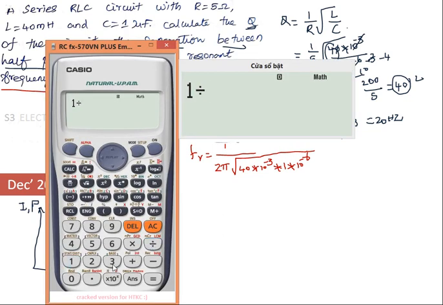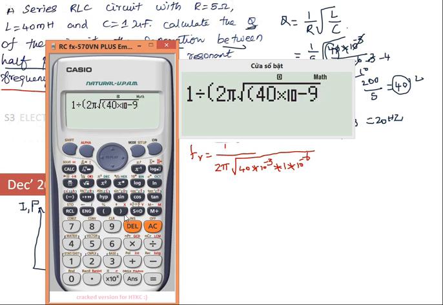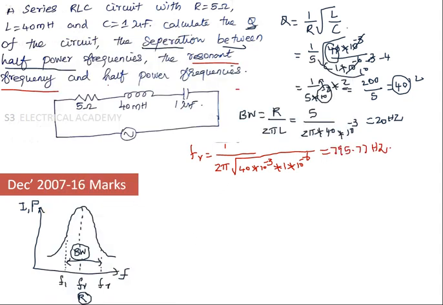That is 1 divided by 2 pi root of 40 multiplied by 10 power minus 3 into 10 power minus 6, which is 10 power minus 9, and this is equal to 795.77 hertz. So we found the resonant frequency value.